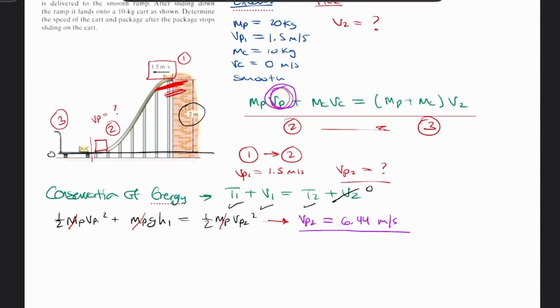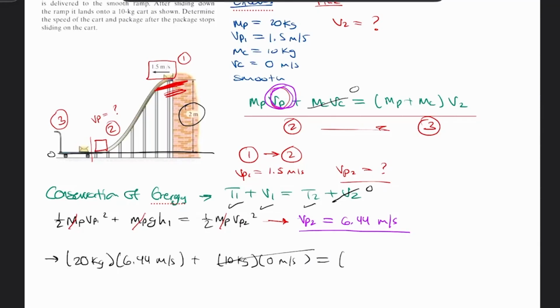Using this velocity, now we can plug it into our equation right here, and we should be able to figure out our velocity. So that will be the mass of the package, 20 kilograms, times 6.44 meters per second, plus the mass of the car, which is 10 kilograms. But remember, the car was originally at rest, so this whole term goes to 0.